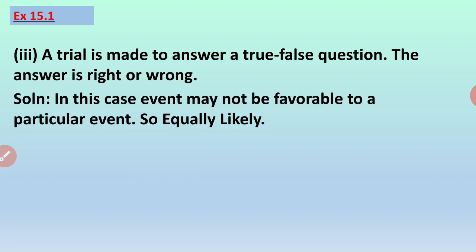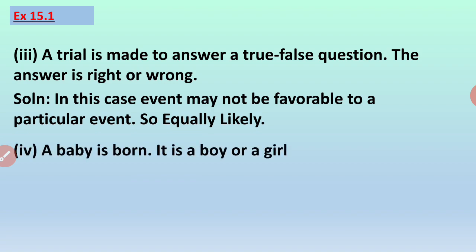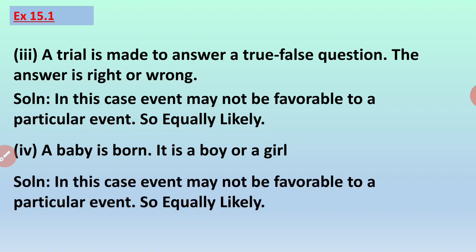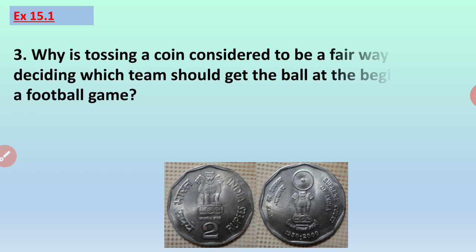So, we will decide that this is an equally likely event. A baby is born, it is a boy or a girl, so it again becomes an equally likely event. Basically the population is divided into 2 equal parts, 50% and 50%, boy or girl. So it is an equally likely event.